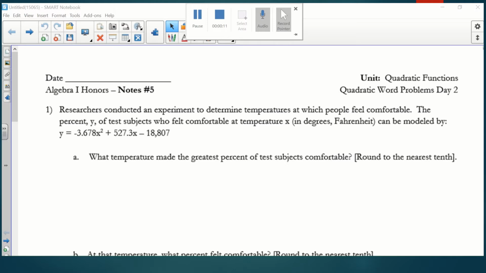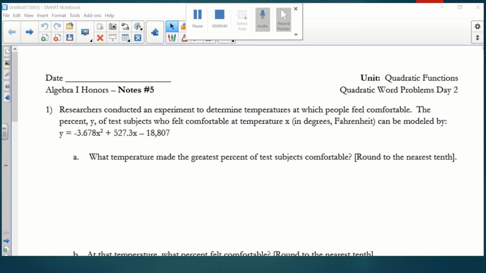Again, we're going to be looking at word problems and trying to identify exactly what information the question is asking us for. So, some things to consider. The vertex is the turning point. That's going to be our maximum or our minimum point on our graph. The x-intercepts are where we cross or touch the x-axis if we're looking at a quadratic on a coordinate plane.